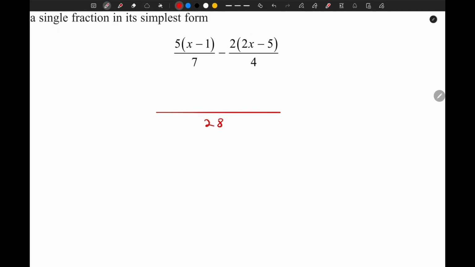So 5 times x minus 1 multiplied by 4, that is 20 times x minus 1, and 7 times 2 times 2x minus 5. So that's minus 14 times 2x minus 5.